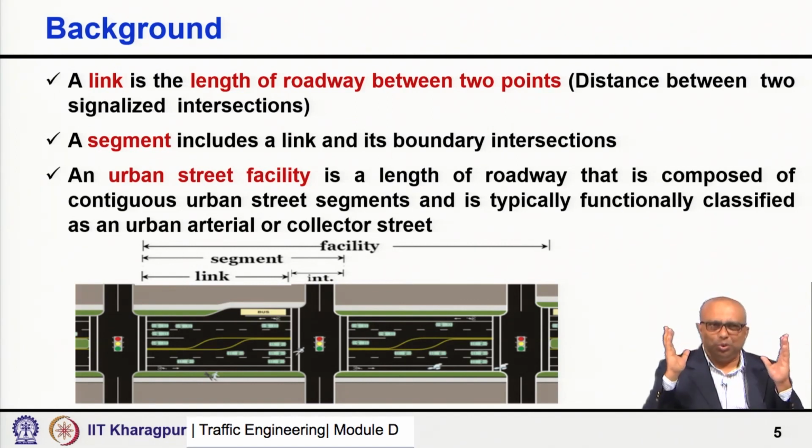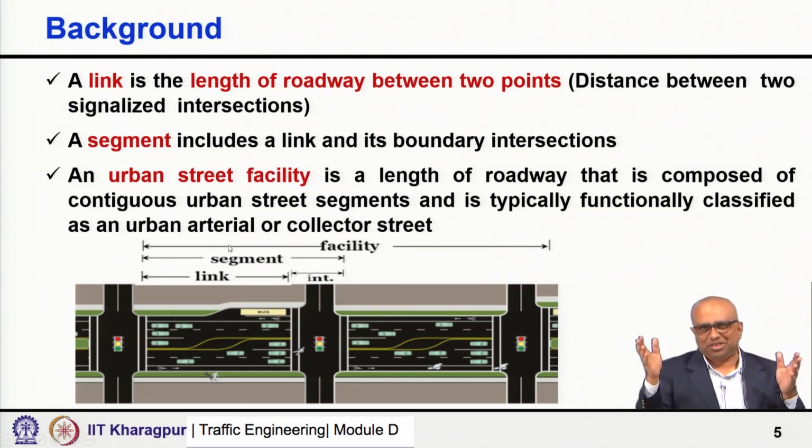Now, if you look at an urban street facility, as I have shown here, how the link is defined, how the segment is defined, then an urban street facility is actually a length of roadway that is composed of contiguous urban street segments, and is typically functionally classified as an urban arterial or collector street.